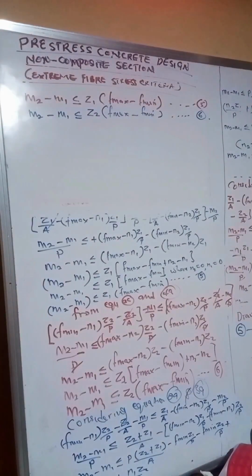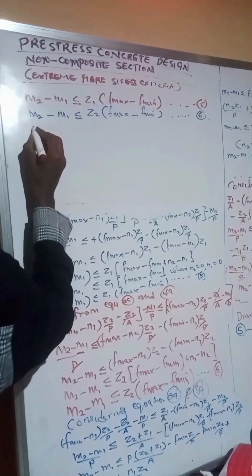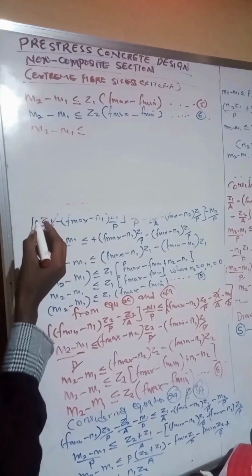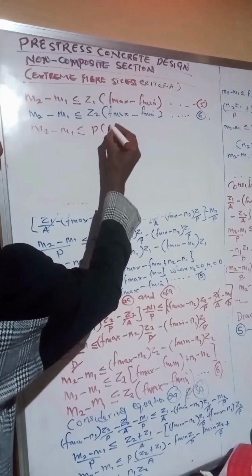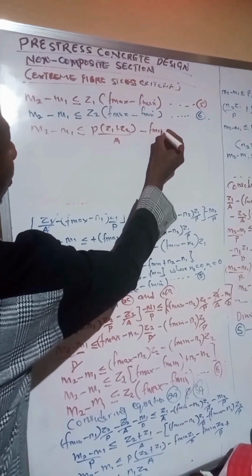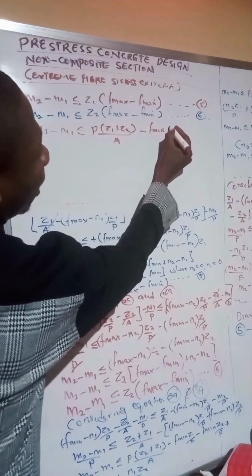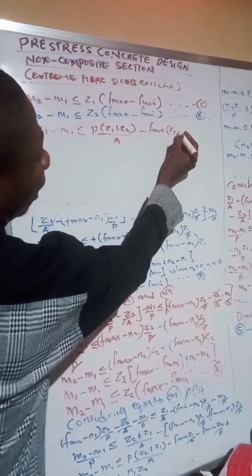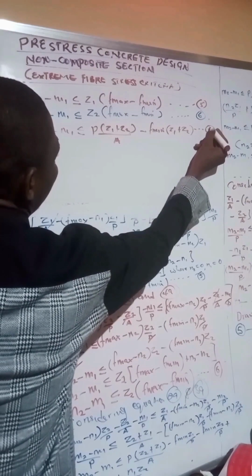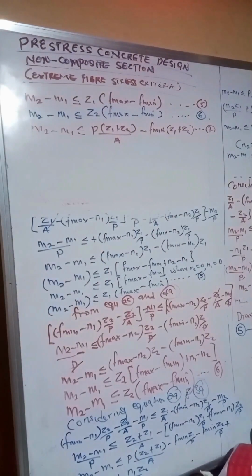All right. Then we have equation 7. We'll have it on the other side: m2 minus m1 less than or equal to p bracket z1 plus z2 minus f minimum bracket z1 plus z2. This is equation number 7. The next we're going to do is equation 8.